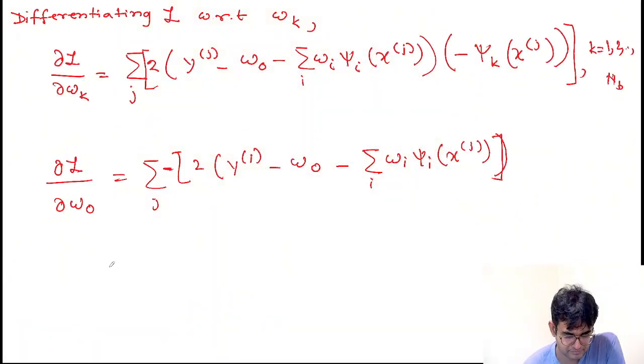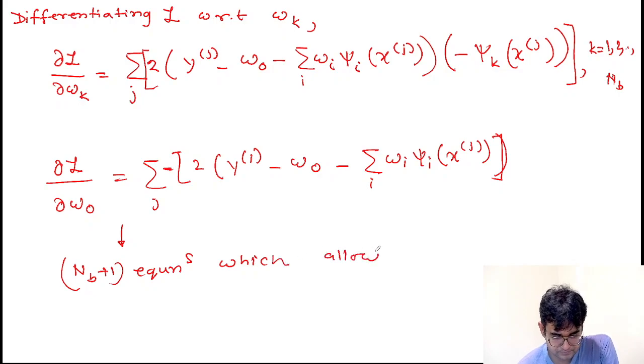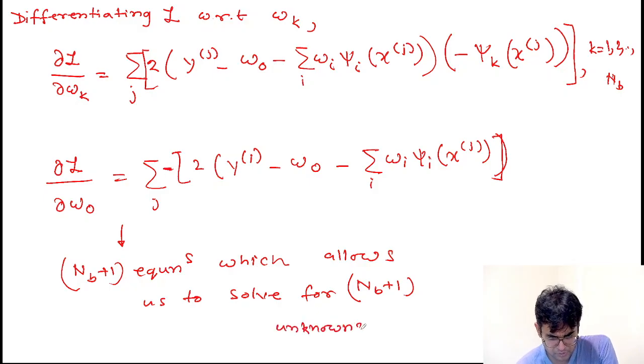So this gives us NB plus 1 equations, which allows us to solve for NB plus 1 unknowns. Those who have done a machine learning course have already done it. It's just a repetition, nothing new. Those who have not done it, this is new for them.